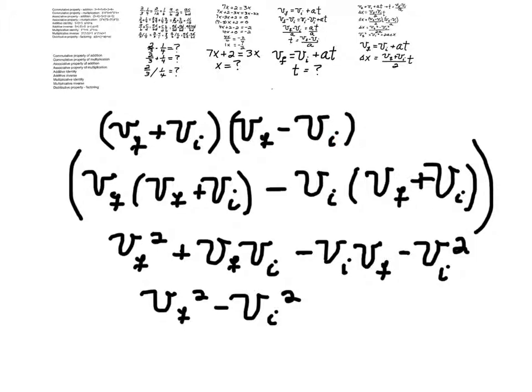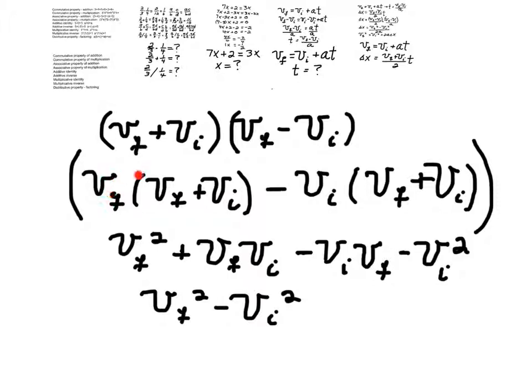So you see that's what I did here. Here's the V final multiplied by the bracketed term. Here's this negative sign. Here's the V initial multiplied by the bracketed term. So that's the first distribution. Now we have to do the second distribution. So now I'm going to do this and this.